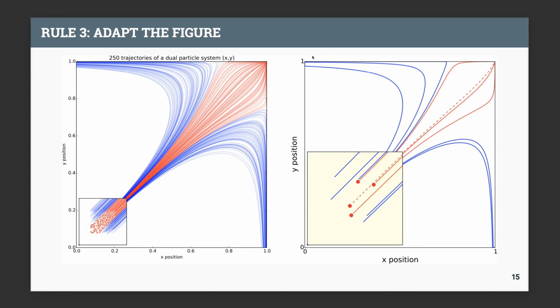So this is a very small simulation of a dual particle system, and depending on the origin of the starting point, you will end up in the top right corner or the top left corner or the bottom right corner. So the point is to show that the red is showing the trajectory. Again, this is a bit more work to do, but it will make the message easier to understand.